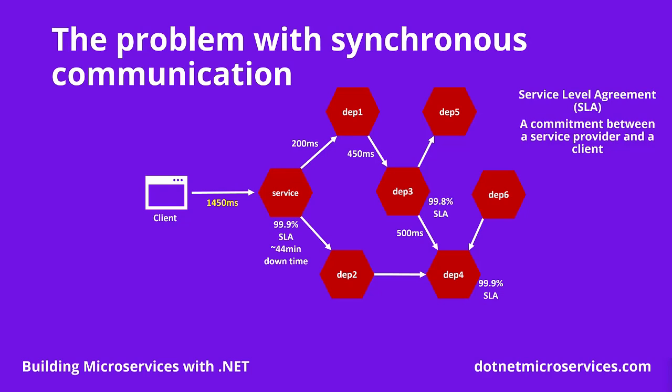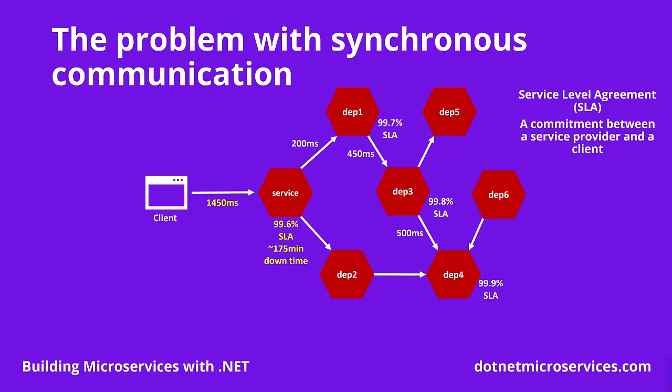This in turn impacts the SLA of dependency 1, and ultimately impacts our own SLA. Now, with an SLA of 99.6% uptime, our clients would be subject to about 175 minutes of downtime across the month, which is way below what we wanted to provide initially.